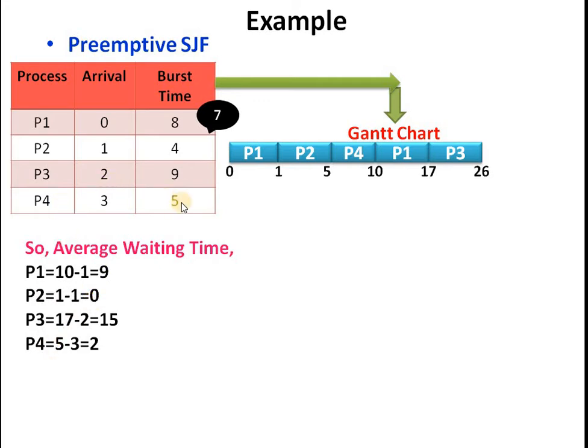After that P4, its waiting time is 2. After that P1 has 9 milliseconds, and last, P3 has 15 milliseconds of waiting. Now take the average of this waiting time: 9 plus 0 plus 15 plus 2 divided by 4, because the total number of processes is 4, equals 6.5 milliseconds. It is the total average waiting time of preemptive SJF.